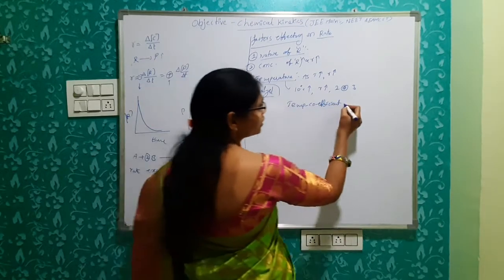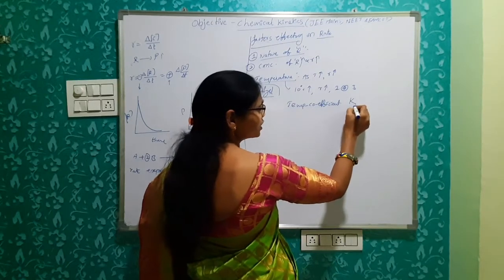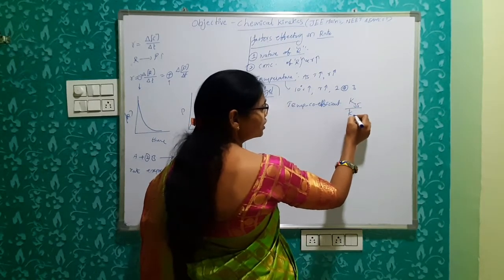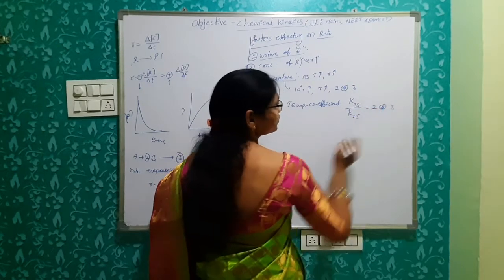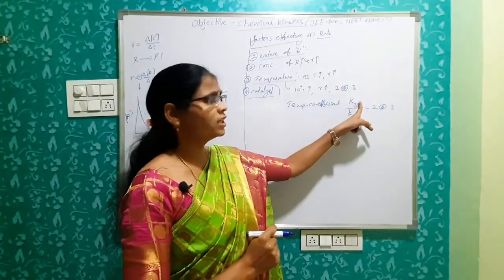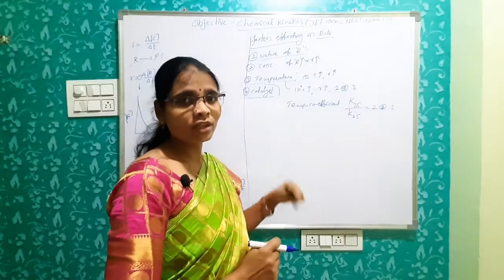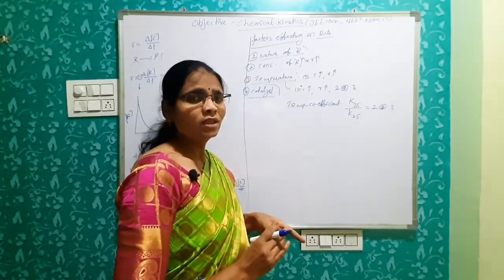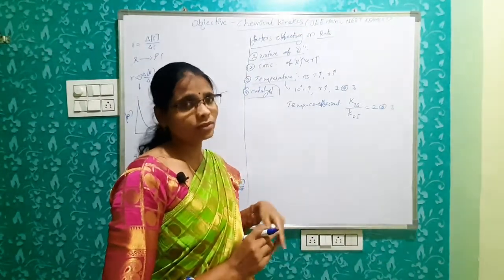For every 10 degrees rise in temperature, the reaction rate may be doubled or tripled. That is nothing but the temperature coefficient: the ratio of two rate constants differing by, for example, 35 degrees Celsius and 25 degrees Celsius, whose values may be doubled or tripled. From 25 degrees Celsius to 35 degrees Celsius, the rate may be doubled or tripled.